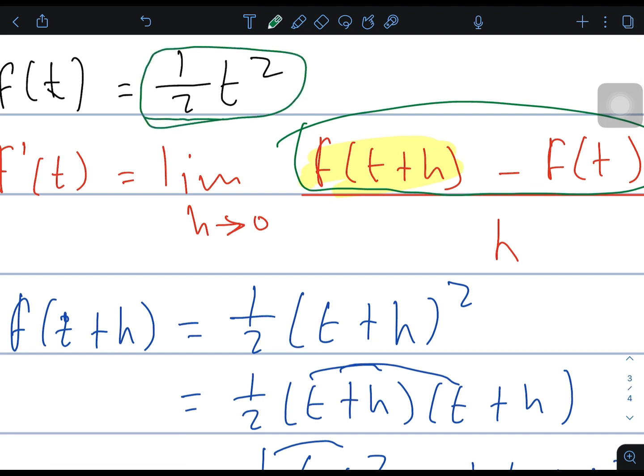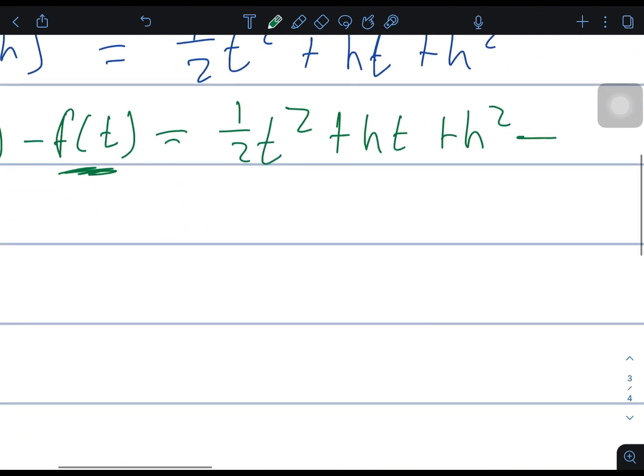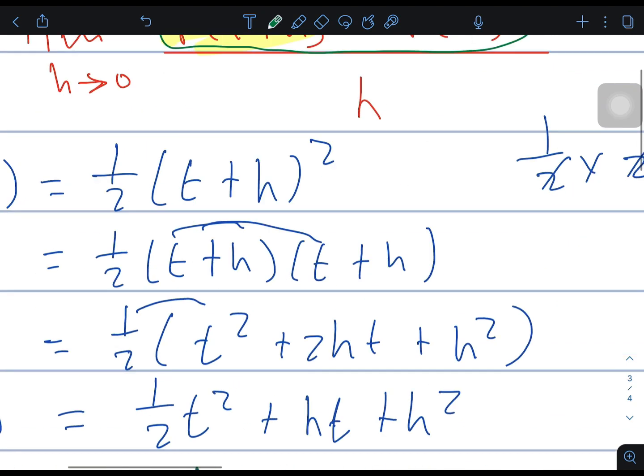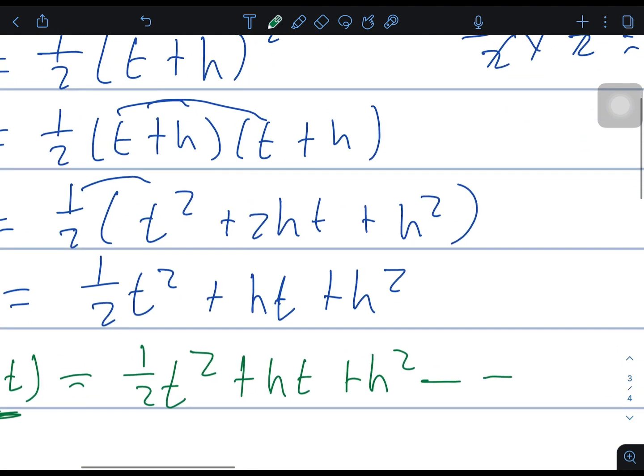There's only one term. The reason we put brackets before was that there were 2 terms, of which one is negative, and that affects the sign. Because there's only one term, we can just say minus 1 over 2 t squared.